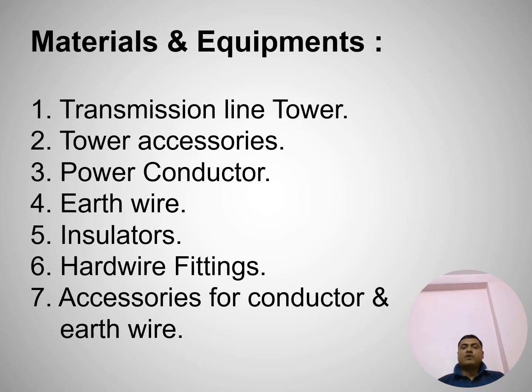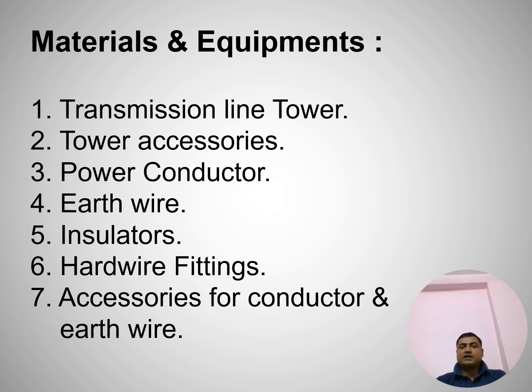Now I am coming to the materials required to construct a transmission line. Basically, to construct a transmission line, the seven materials mentioned below are required. First is the transmission line tower. Second, tower accessories. Third, power conductor.